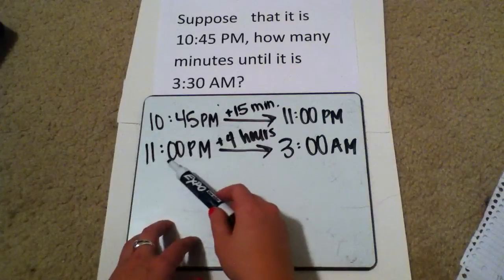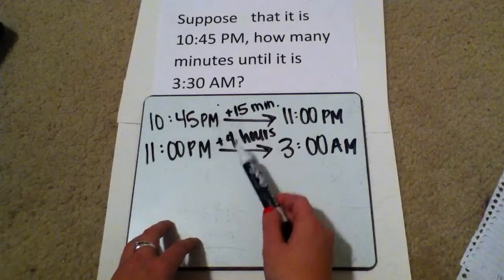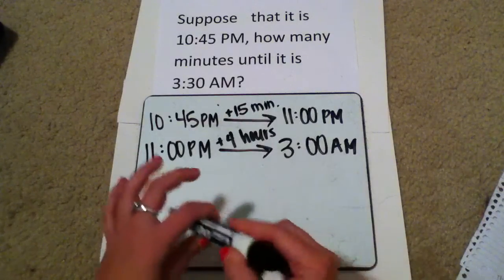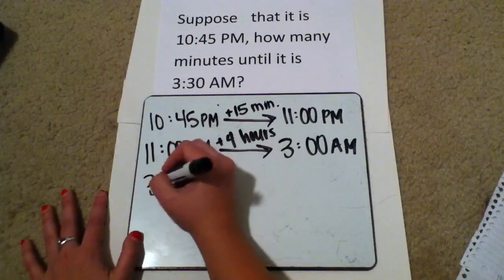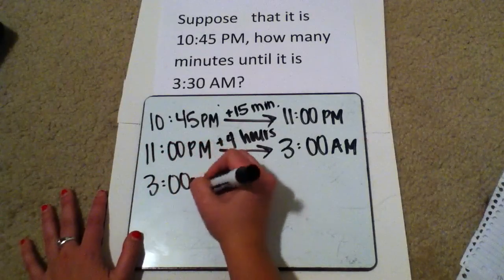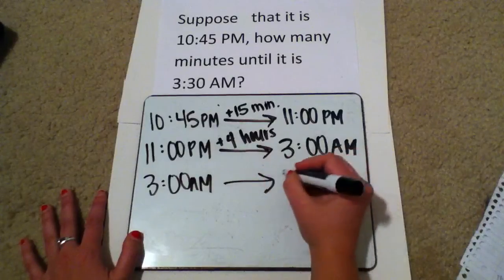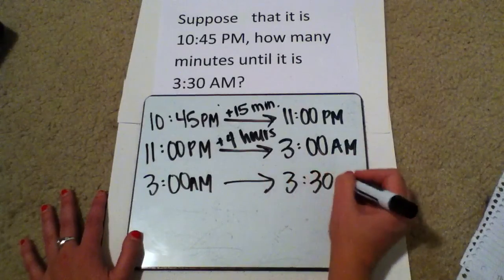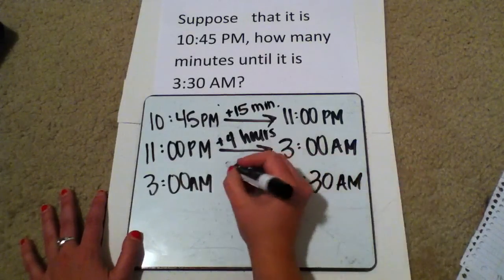So 11 p.m., 12 a.m., 1 a.m., 2 a.m., 3 a.m. Now from 3 a.m., we can go to our end time, which is 3:30 a.m. And we added 30 minutes to that.